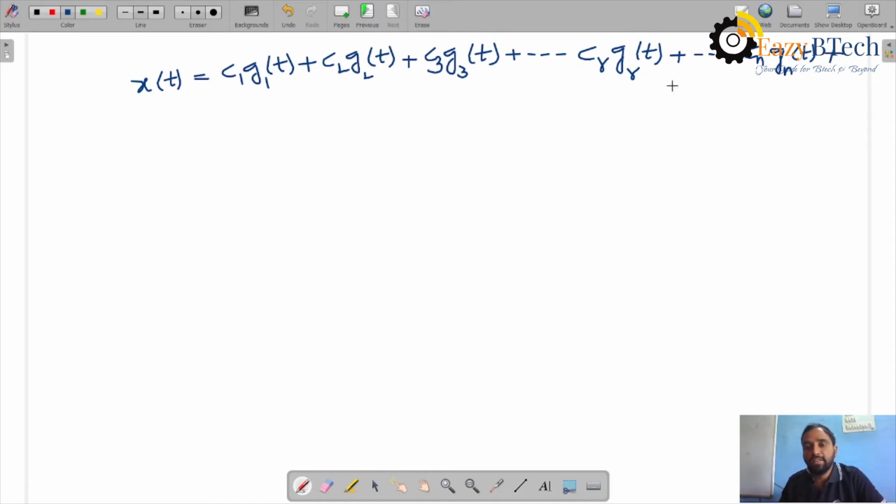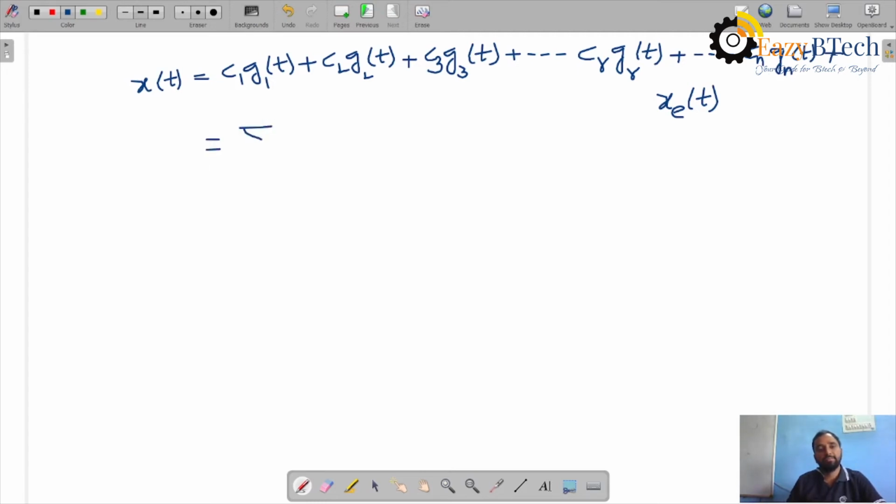So after writing all these, we can take error xe of t. This is the error signal, right? Now, instead of writing this total plus plus plus, we can use summation in mathematics.